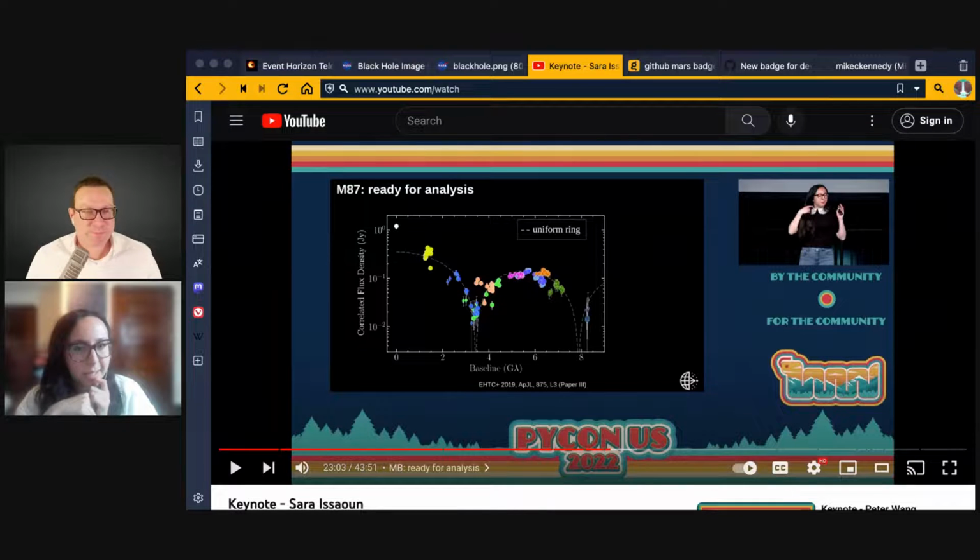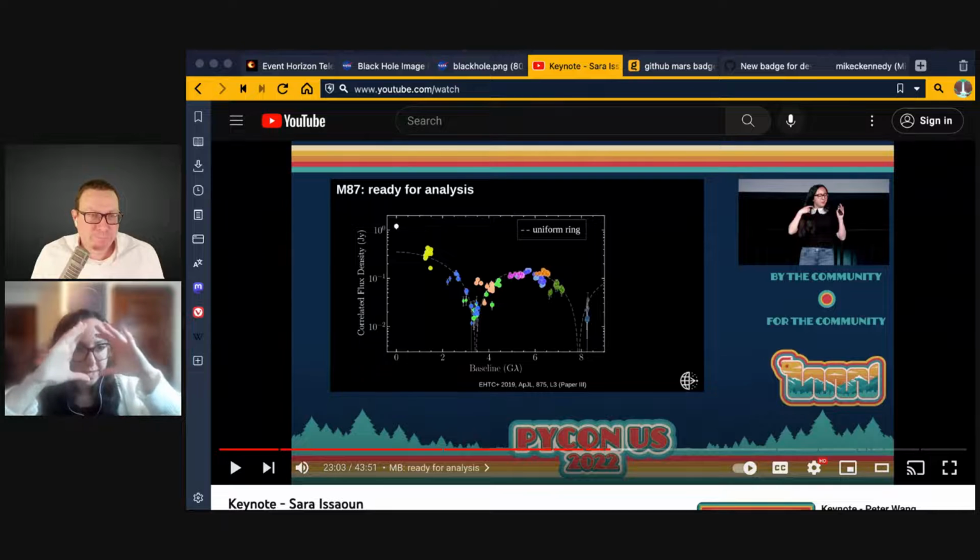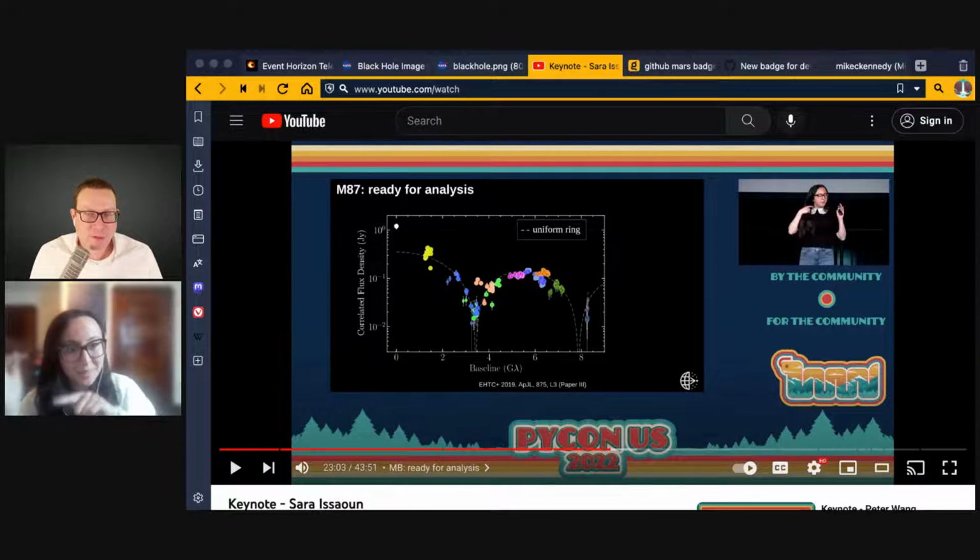And what this double bump tells us is, if you look at the dashed line, this is what we would expect if the image on the sky was a uniform ring. Uniform as in the brightness along the ring is the same everywhere. So it's just a closed ring and the brightness is the same everywhere. And it turned out that this bump structure looked really close to a uniform ring.